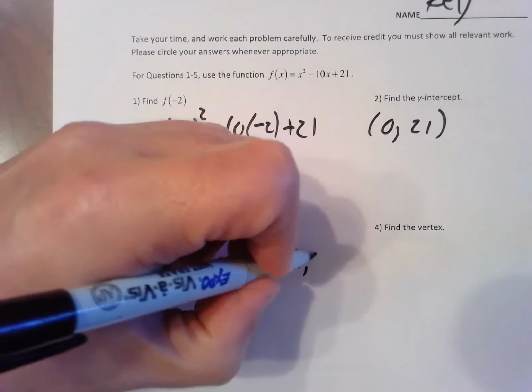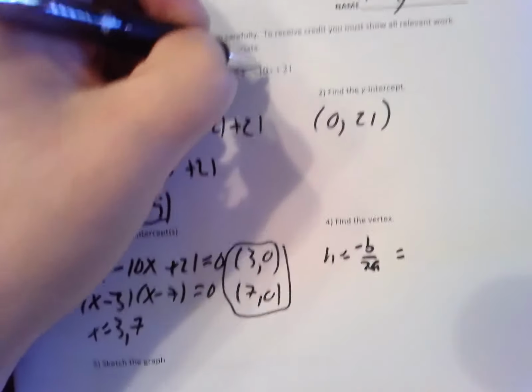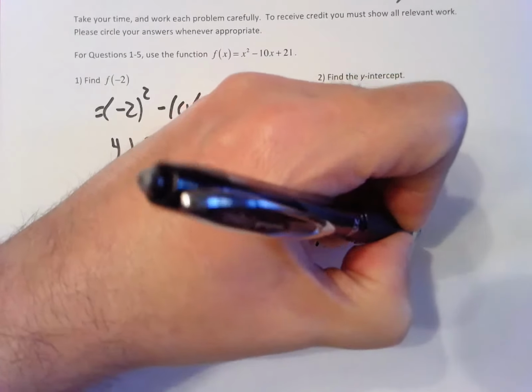Vertex h, opposite of b over twice a. I'm going to try using a pen. That's coming through a little dark. So, opposite of b. b is -10. Opposite of that will be +10.